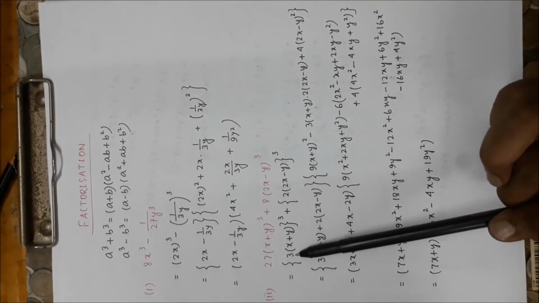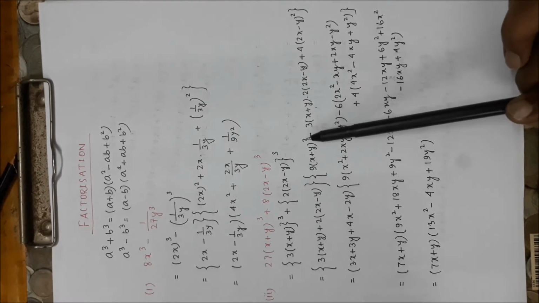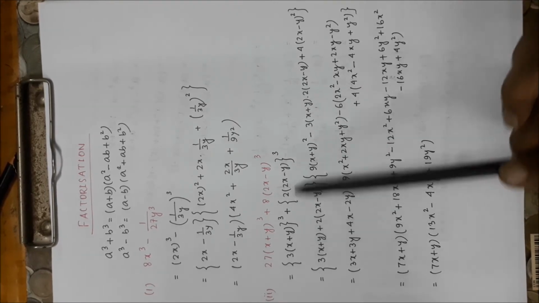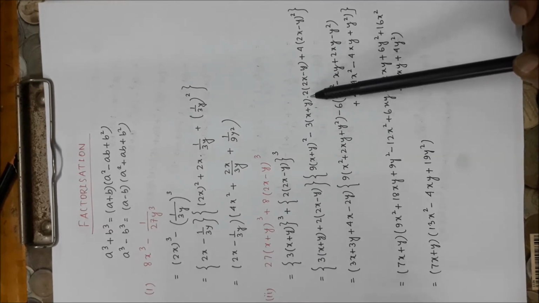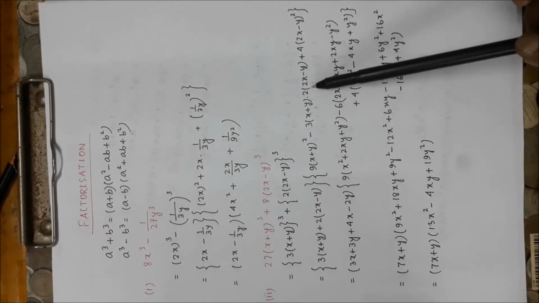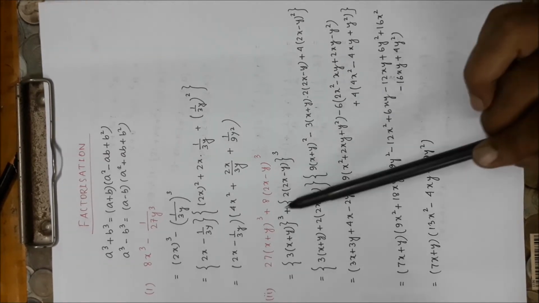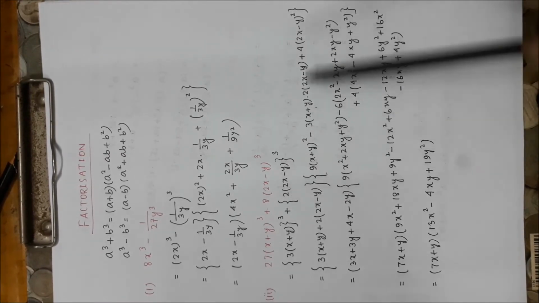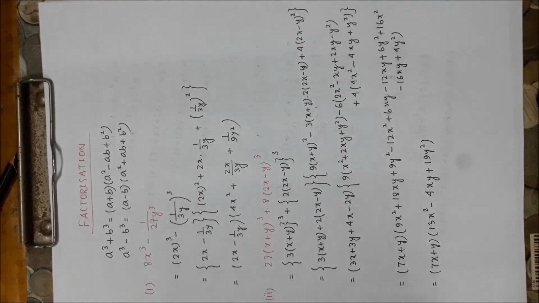So square of this term means 3 square 9 and x plus y to the power 2, minus product of these two terms, so 3 into x plus y into 2 multiplied by 2x minus y, plus square of this term. So 2 square means 4, 2x minus y square.